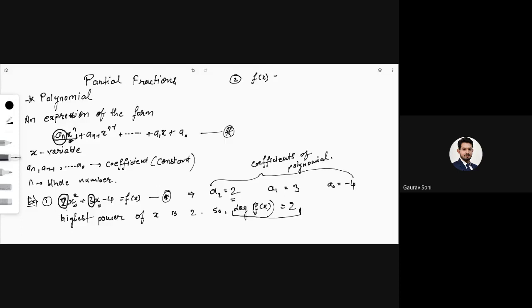Say I am writing f of x is equal to x raised to 4 plus 1. So can you tell me the coefficients a4, a3, a2, a1, a0?